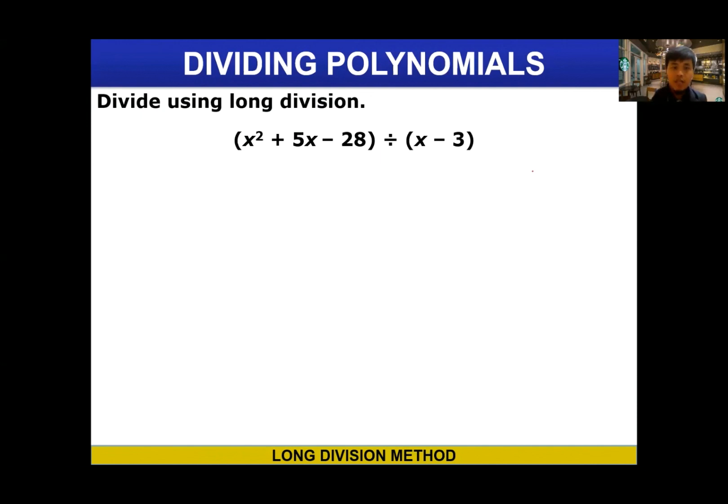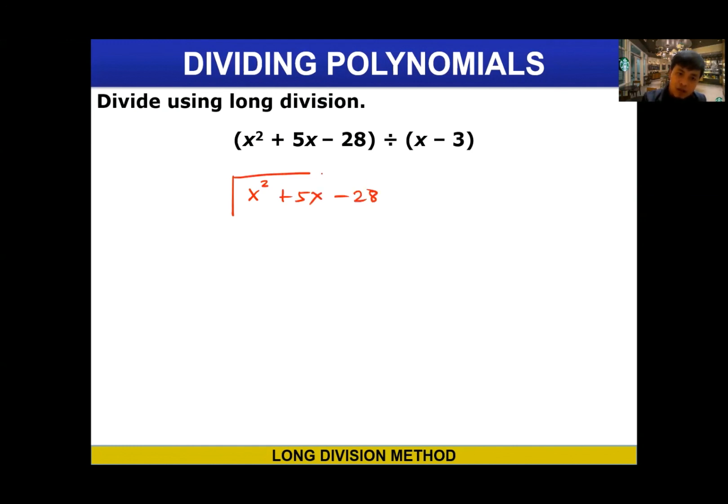So let's see if this is also arranged in standard. So x squared, then follow after x squared should be the linear exponent or an exponent of 1 and then constant. So yes, it is arranged in standard. So we go right away to the setup that we have for long division. We have x squared plus 5x minus 28.